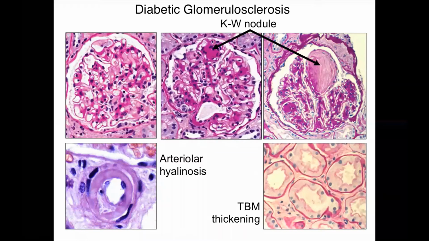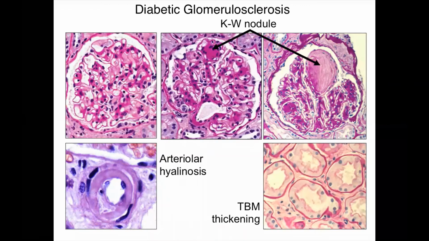It also affects all the blood vessels we can see in the kidney. It can cause arteriolar hyalinosis, thickening with PAS positive hyaline deposition within the arterioles. How can we know we are dealing with arteriolar hyalinosis? It will be PAS positive.